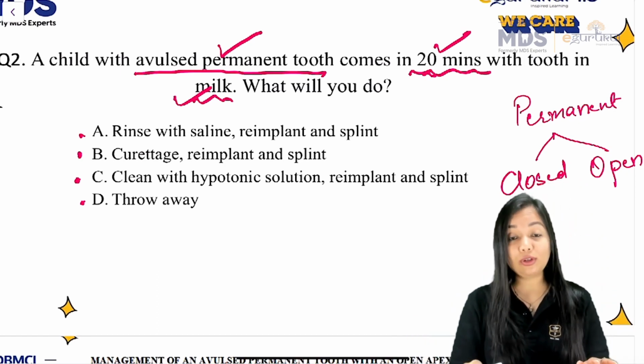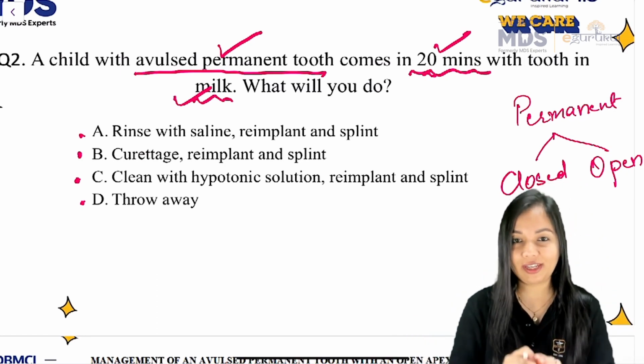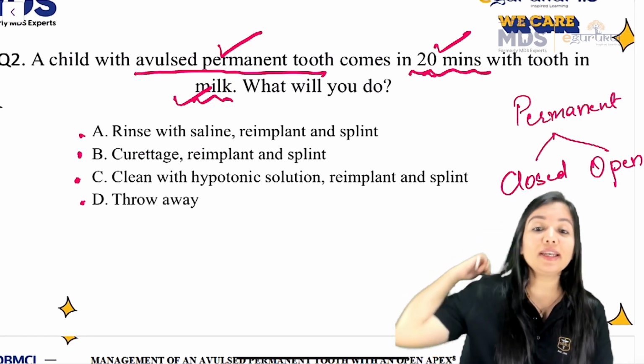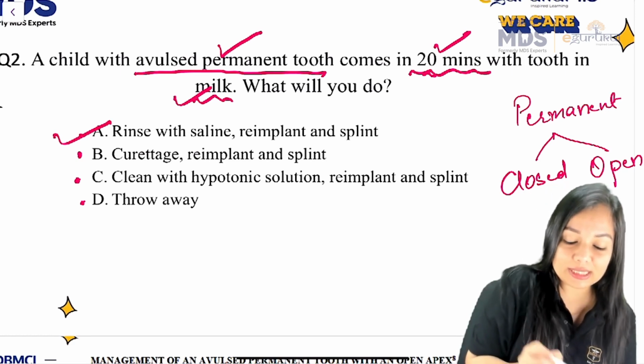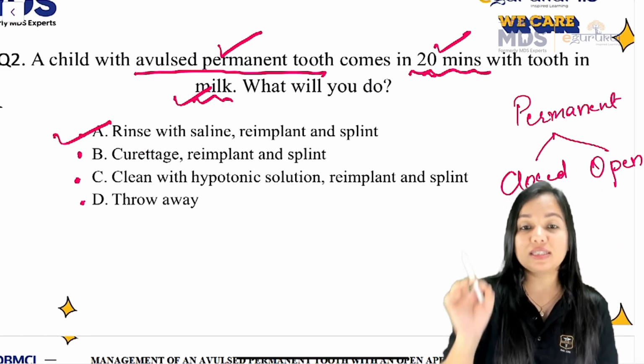So, one thing we know, the last option is not a very great option. So, let's not consider that. The correct answer to this question is rinse with saline, replant, and splint it.